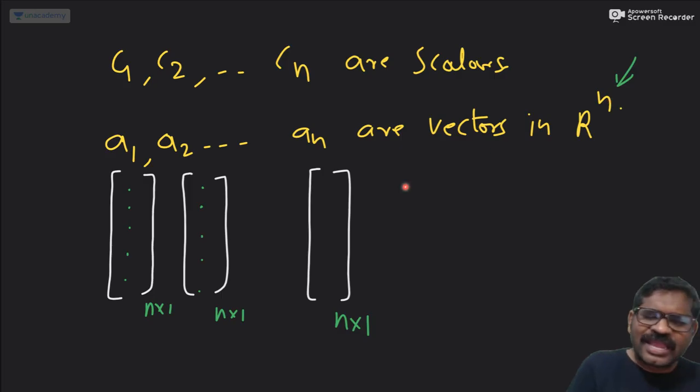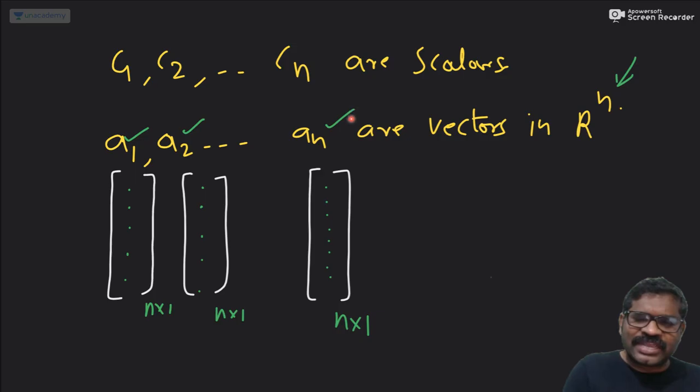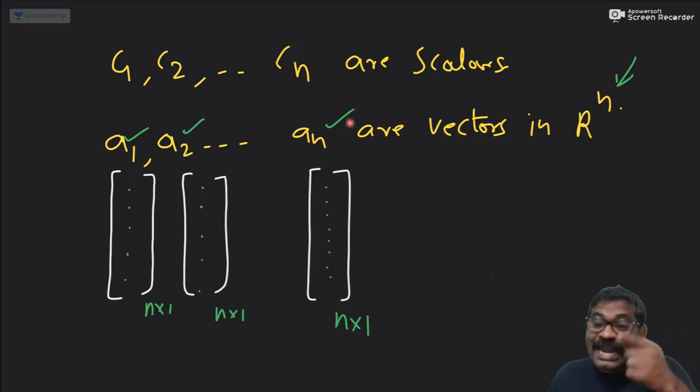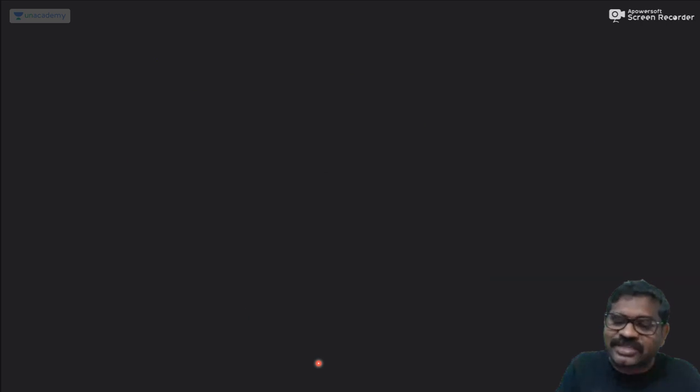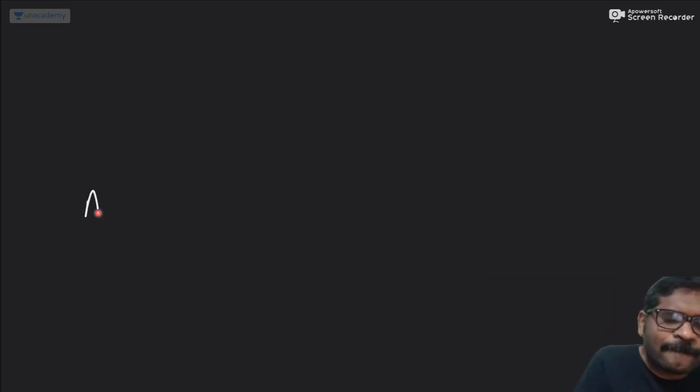So how many vectors are here? 1, 2, 3, n. N vectors of dimension n. When all your vectors are n-dimensional, n vectors of n dimension, with the help of these vectors, if you create one matrix, that matrix A would automatically be an n cross n matrix.